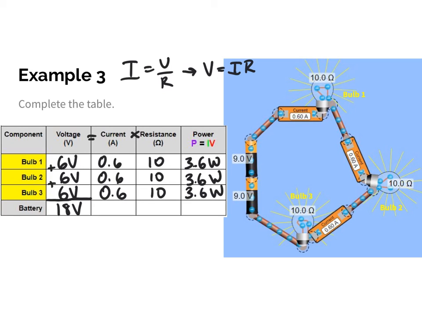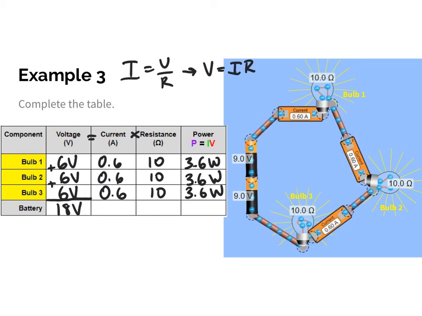Notice again that the power for each of those is going to be the same, 3.6 watts. Represents the amount of energy being utilized by those light bulbs every second. Now what we can relate this to is that the wattage we can compare to the brightness. You notice that those three bulbs based on the starburst are not that bright of bulbs, so we know that it's not utilizing a lot of power, a lot of energy.